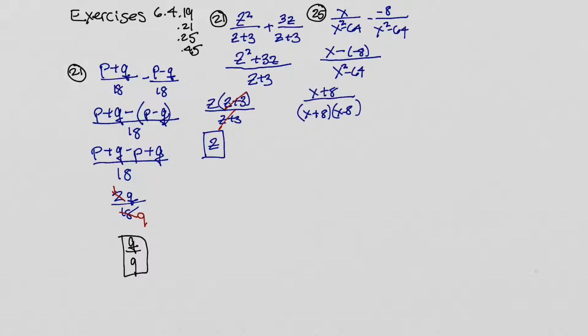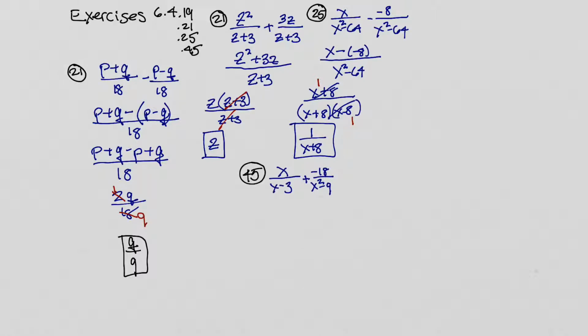And then we can see that these x plus 8's will cancel, and we are left with 1 over x plus 8. Now just note here, when we cancel these x plus 8's, when you draw that cancellation line, there's really a 1 there. So I really get a 1 and a 1 here, and 1 over x plus 8 times 1, which is just x plus 8.